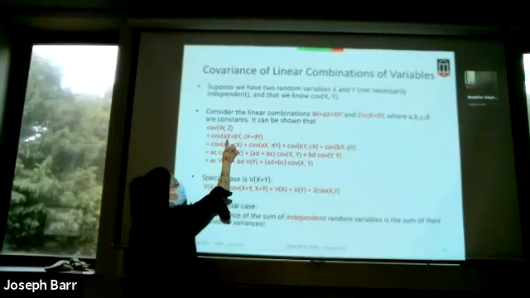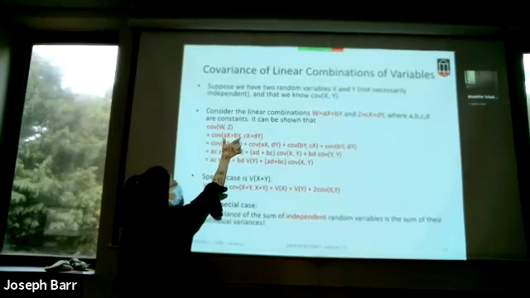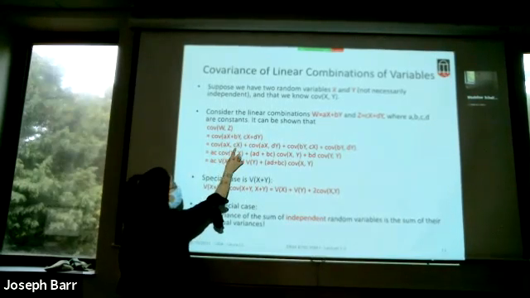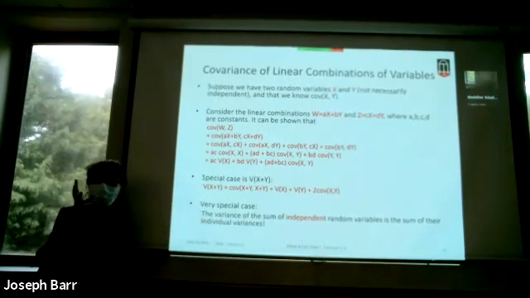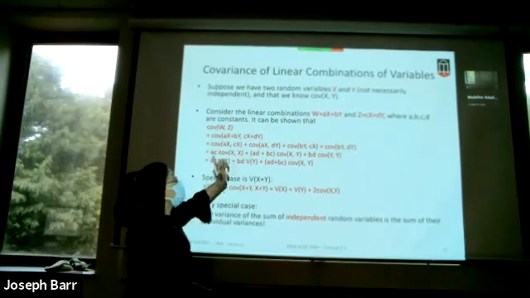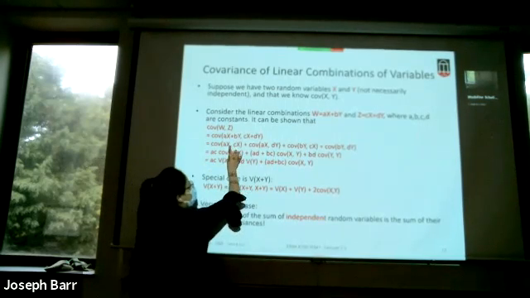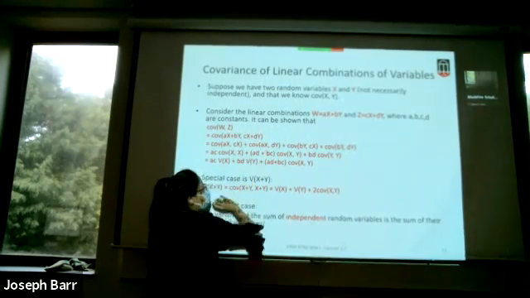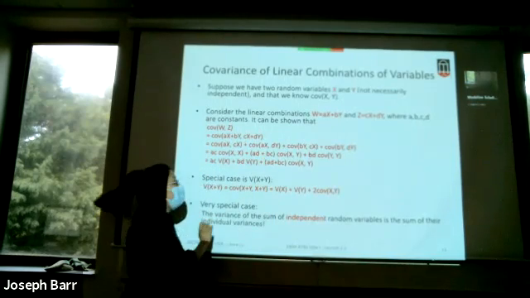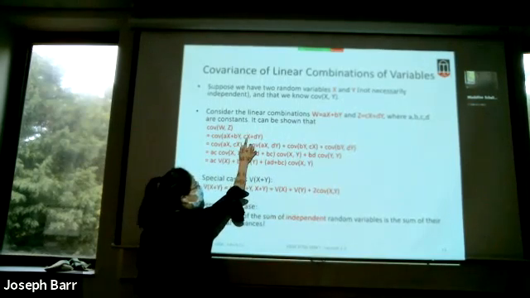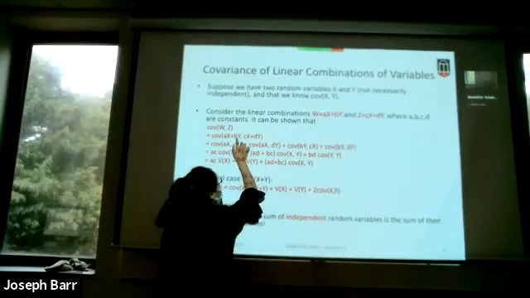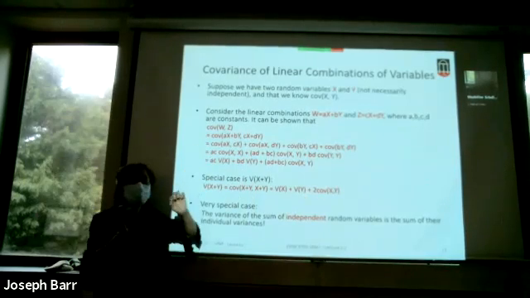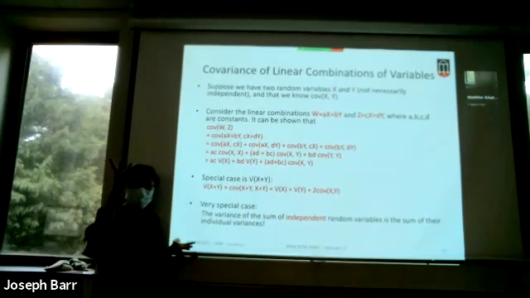Covariance between the first term of the first variable here and the first term of the second variable here, aX and cX. So this is a covariance between these two components. And then the first term of the first variable and the second term of the second, dY, and the covariance. And then the covariance of the second term here and the first term here. And then the covariance of the second term here and the second term here. So finally, you expand the previous covariance into a sum of four components.